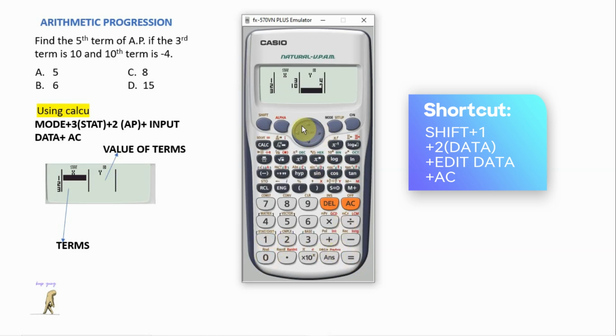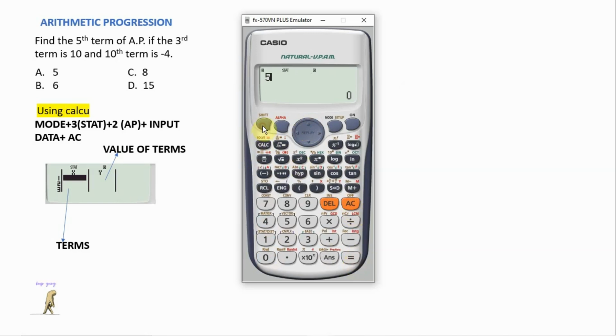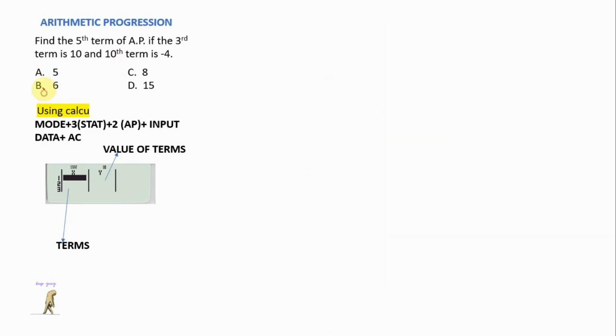The value of our third term is 10, and the value of our 10th term is negative 4. Then we press AC to save. And then we are getting our y, which is the value of our fifth term. So we put our 5, shift 1, 5, 5 for y, and then we get our answer, which is letter B, number 6.